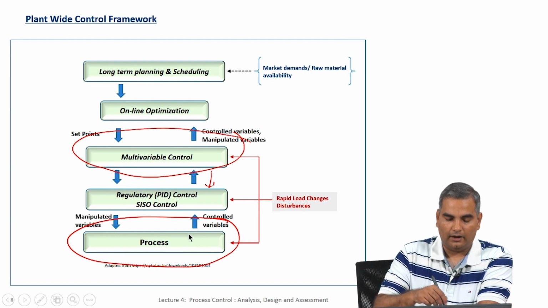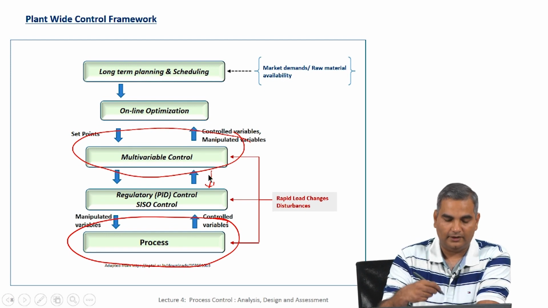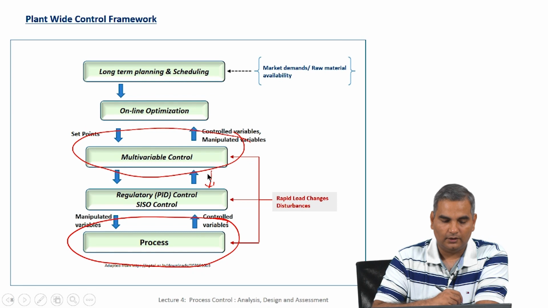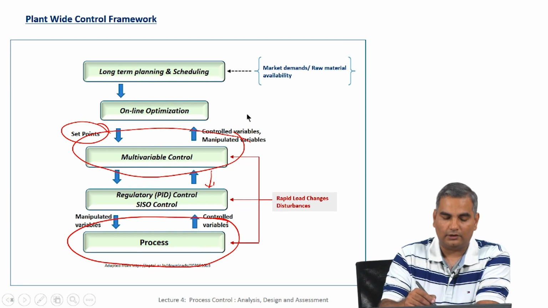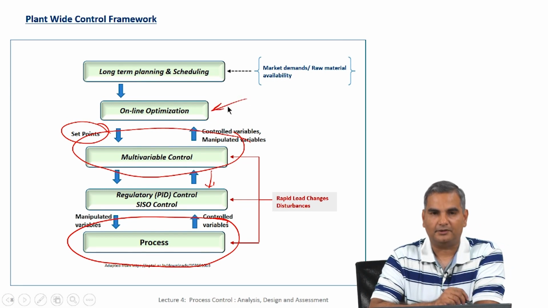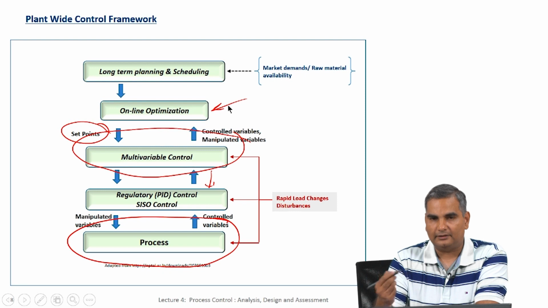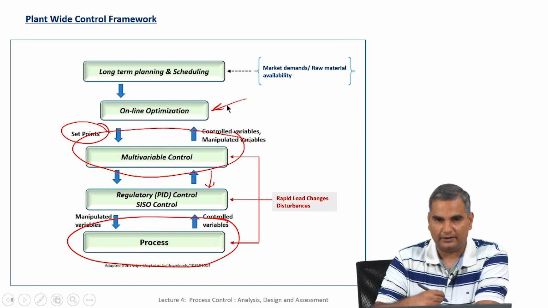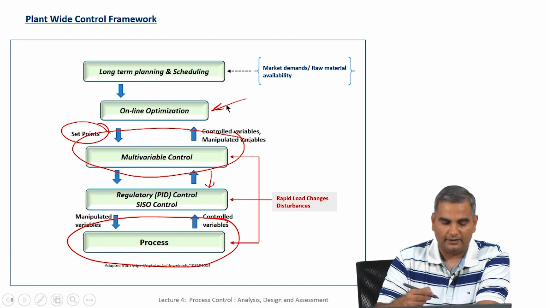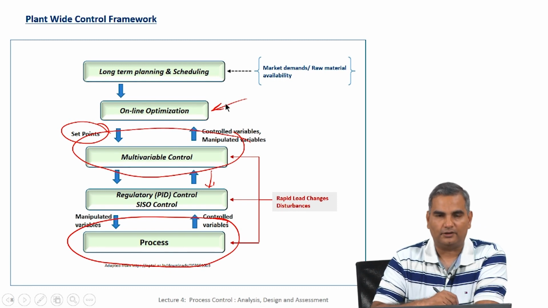And beyond this, if you want an even higher level view of the plant wide control framework, the set points for these control variables could come from an online optimization, where you are looking at several factors, environmental factors that are affecting the profitability of the process, and then using that information to figure out what set points you want to use for your control variables.